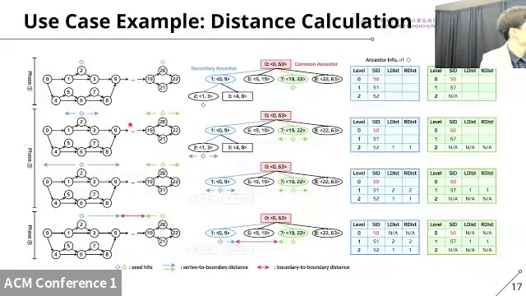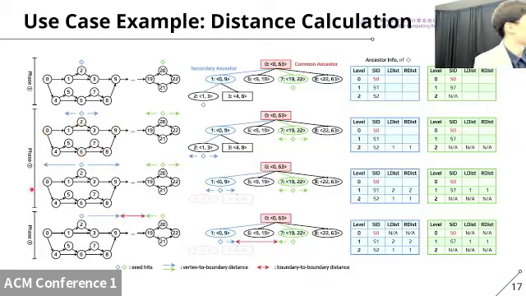Okay, so here's a real use case. Let's take distance calculation in graphs as an example. Suppose we are trying to find out the distance between vertex number 2 and vertex number 20. We first find which superstructure they are nested in, and we go all the way upwards to their ancestral superstructures, and we record their distance from themselves to the boundary vertices, which are the entrance and exit of their ancestral superstructures.